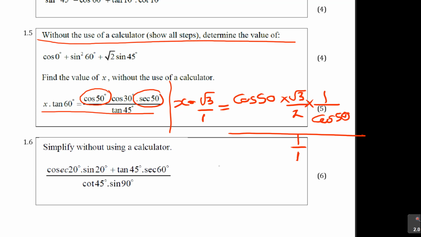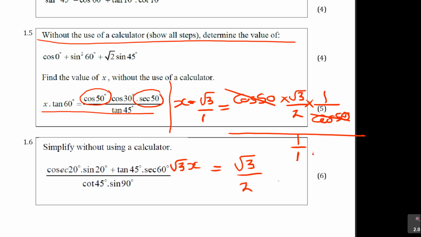Always write such, because it shows we are using what? Special angles. This is x times root 3 is root 3 x, you see, is equal to, that one will always cancel out like that. Right, 1 over 1, I mean this thing divided by 1 becomes simple, root 3 over 2.